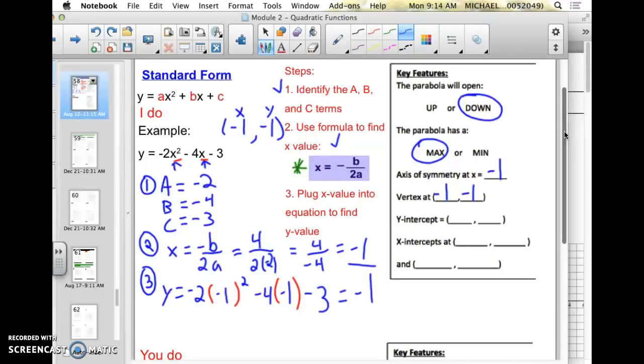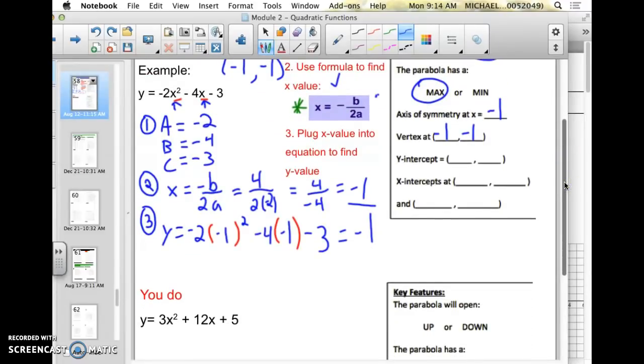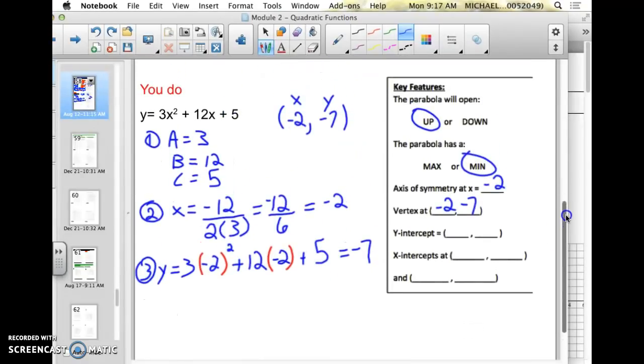At this time, please pause the video and try to find the vertex using this formula with the example that I asked you to do, and then check your work with mine. Pause the video and try this example on your own: y equals 3x squared plus 12x plus 5. I ask you to find the vertex, and then fill out this information over here on your right.